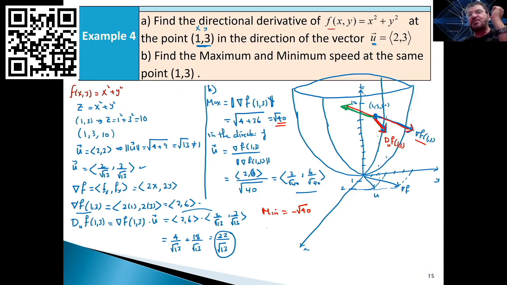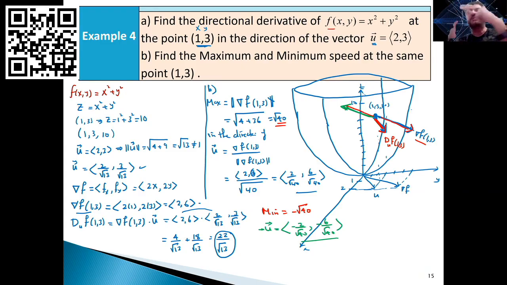And this is in which direction? In the direction of minus u, which is equal to negative 2 over root 40, comma, negative 6 over root 40. So if the object is going in the opposite direction of the gradient, then the velocity will be the minimum, which is negative root 40. And this, guys, represents exactly two things.